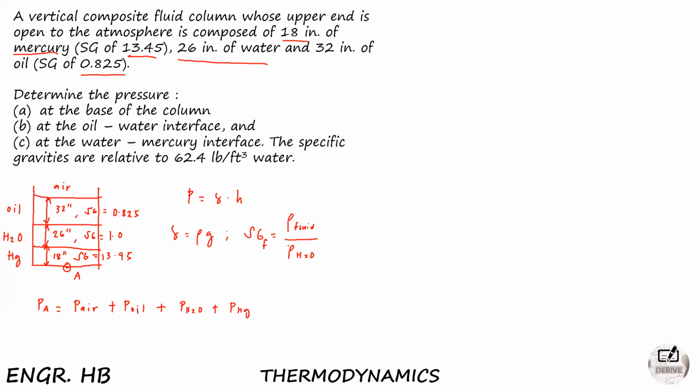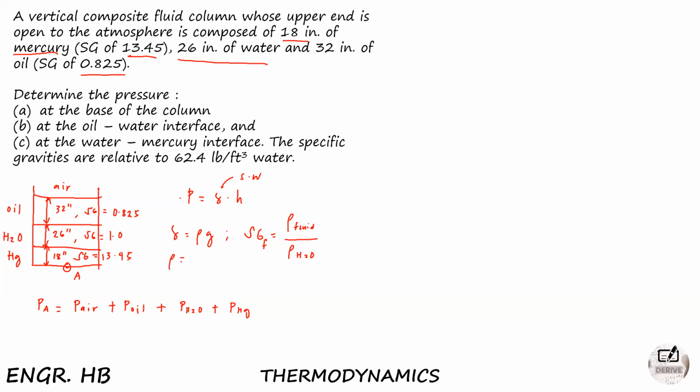Okay, so how are we going to do this? We have SG given here. Pressure is equal to specific weight times height, and specific weight is equal to density times gravity.